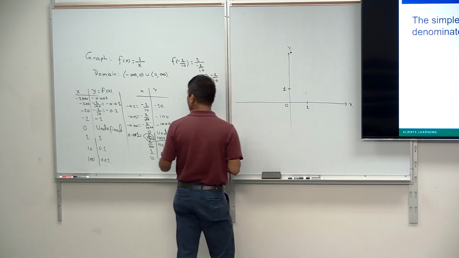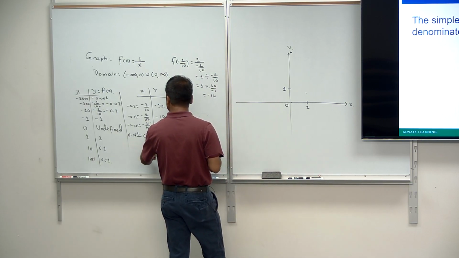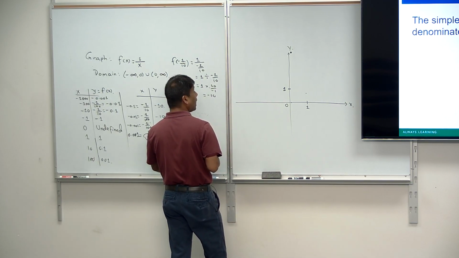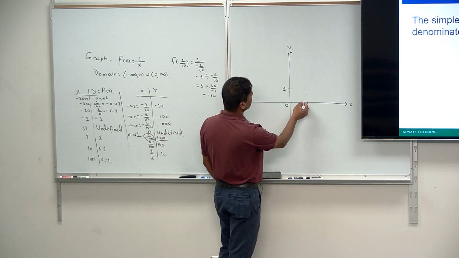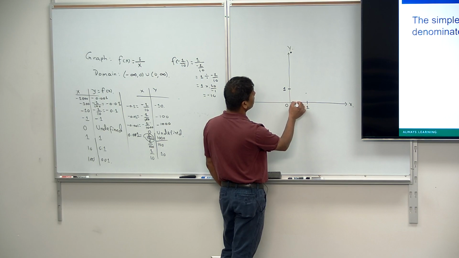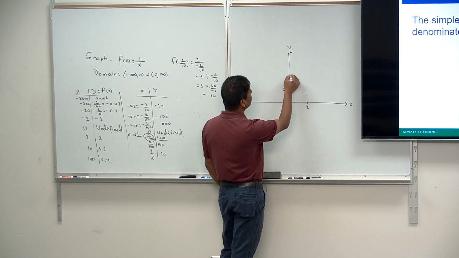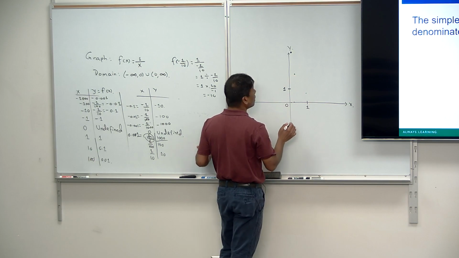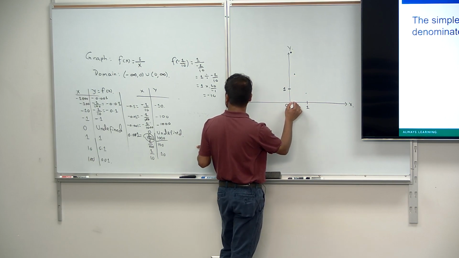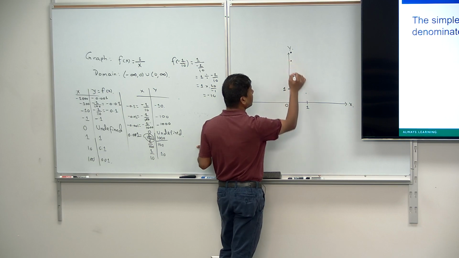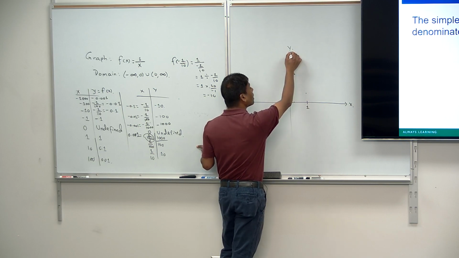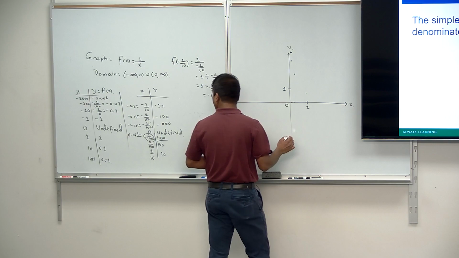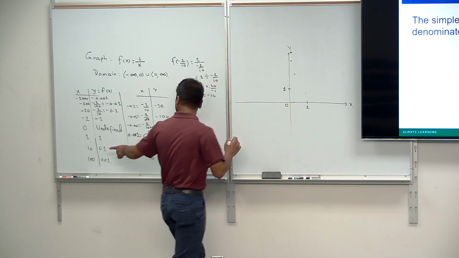If you have 1 over 10, which is 0.1, it is 10, maybe somewhere here. And if it is 1 over 100, it is 100, something like that.